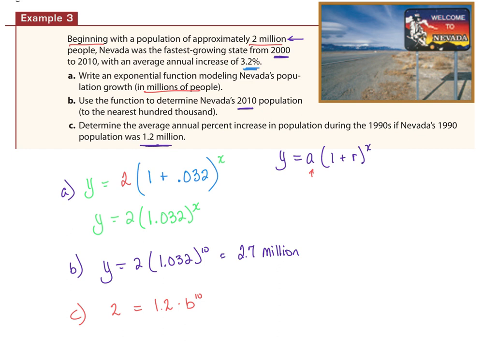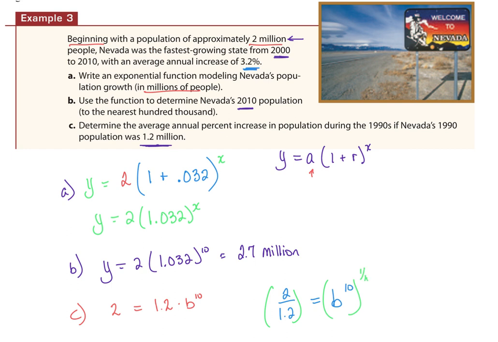So we would do the division of 2 divided by 1.2 to get that b to the 10th by itself. And then, to solve, we would want to get that 10 out of the exponent. And remember, to get the 10 out of the exponent, you can raise both sides to the reciprocal.